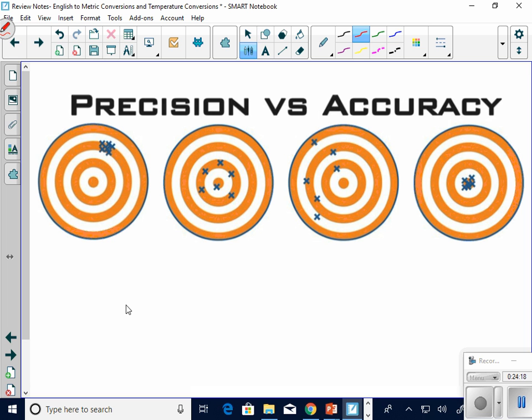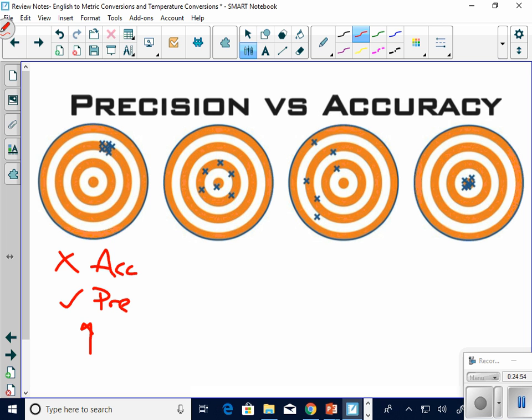How close are my first one? I'm on the first one here. How close are these to the bullseye? Are they very close? Not really. So, I'm not accurate. Are they grouped, though? Yes. So, we got a check mark on precision. That's very good grouping, but it's not very accurate.